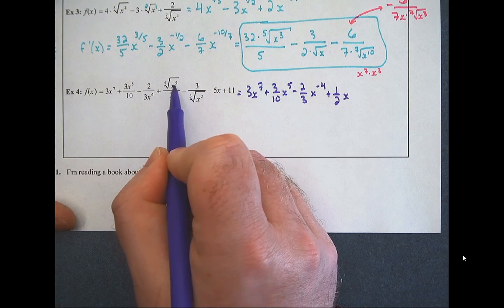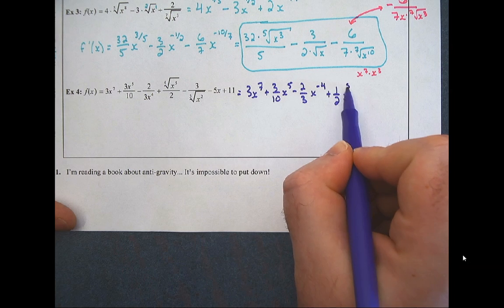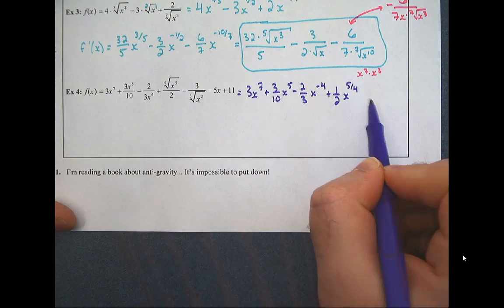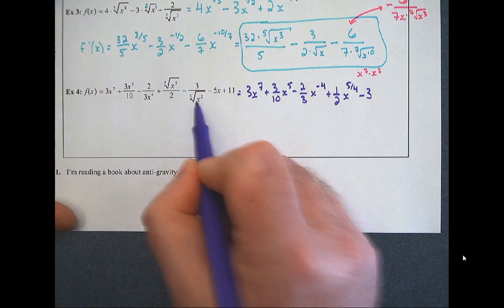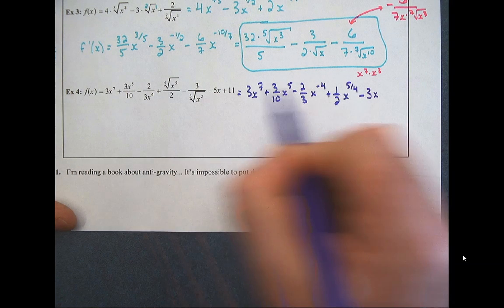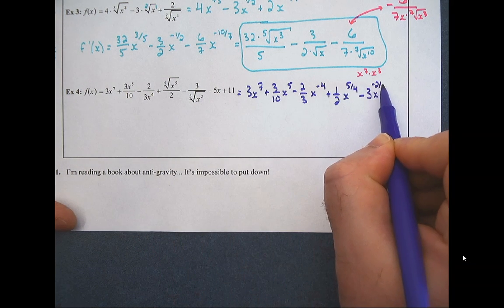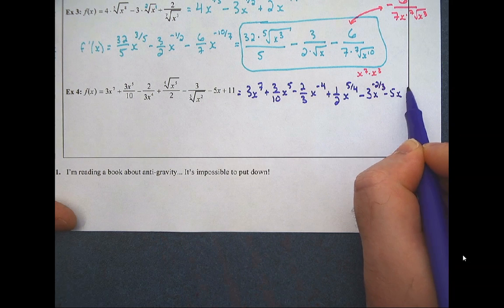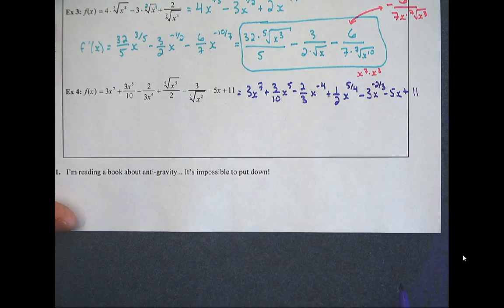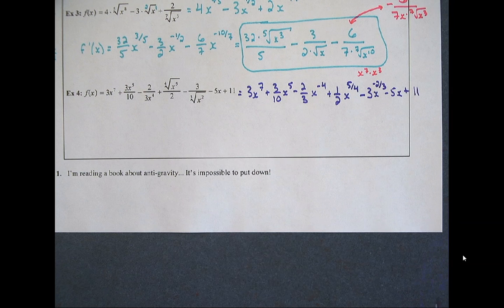X to the, that's the power, that's the root, so 5/4. Minus, my coefficient is 3. I'm never going to fit all this. X to the -2/3 minus 5x plus 11. Oh boy. Here's my rewrite.